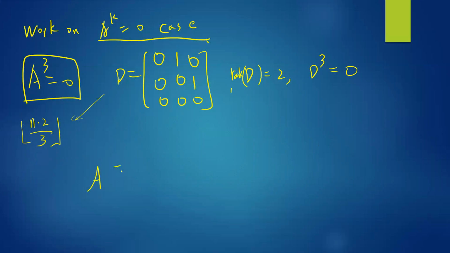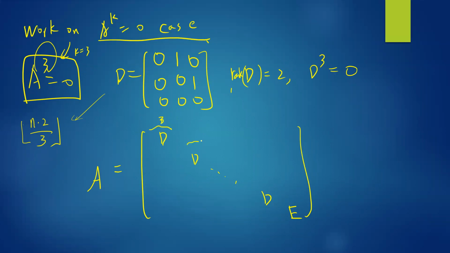In general, for the K equals 3 case, you can construct D, D, D, and then put the remaining part here, call it E. All the D blocks have size 3, and the size for E is just N mod 3.